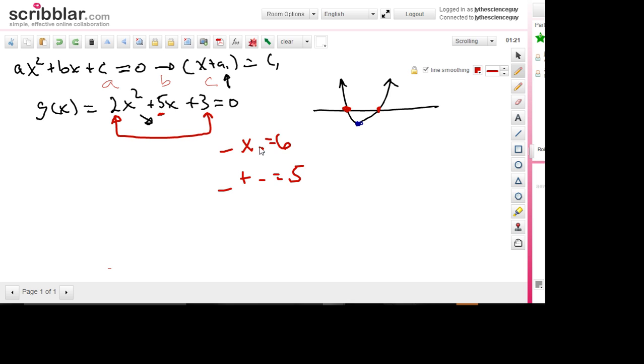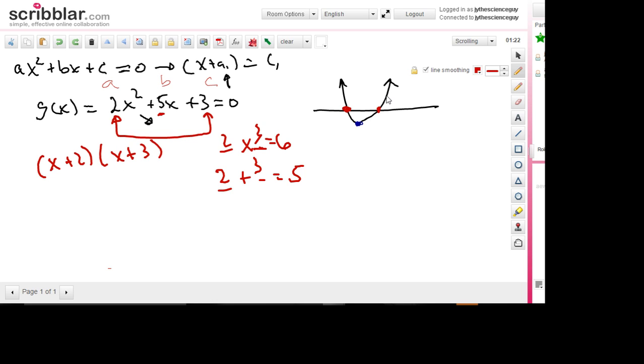So we started out with, you said 2 times 3. What multiplies together to give you 6, and then the same two numbers add together to give you 5. 2 and 3. So my next step is I'm just going to put those numbers next to x. So this is x plus 2, and this is x plus 3.